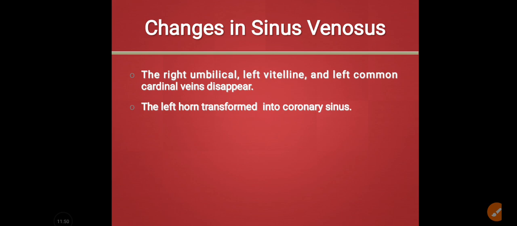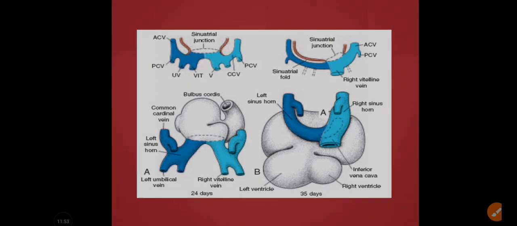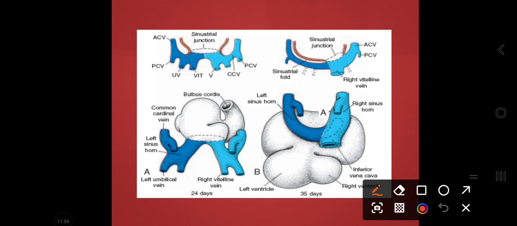The left horn, just a minute, as you see, the left vitelline vein and left common cardinal vein disappear. The left horn, this is the left horn, develops into coronary sinus.